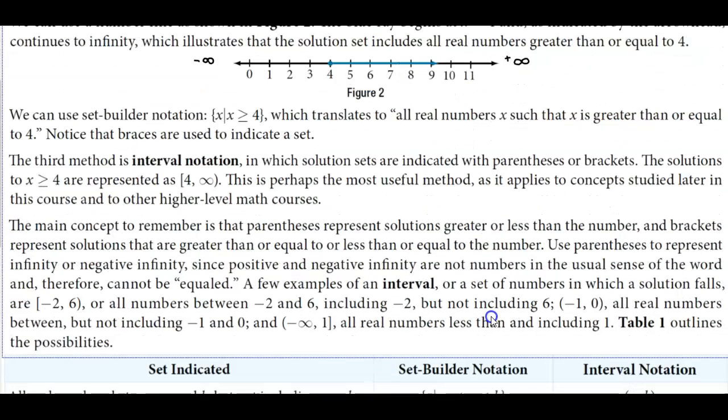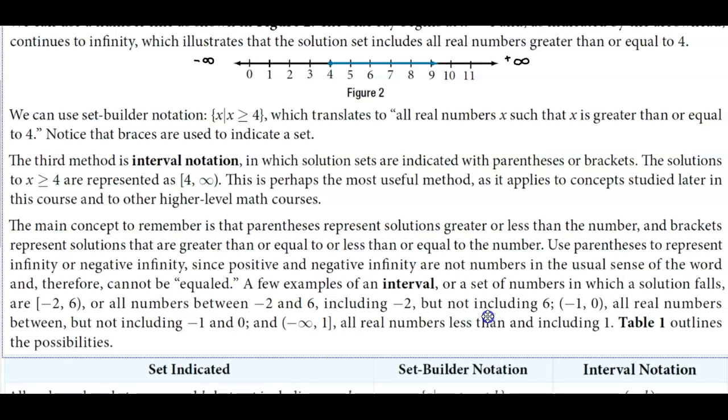Now the main concept to remember is that the parentheses represent solutions greater or less than the number, and brackets represent solutions that are greater than or equal to or less than or equal to the number. Use parentheses to represent infinity or negative infinity, since positive and negative infinity are not numbers in the usual sense of the word, and therefore cannot be equaled.